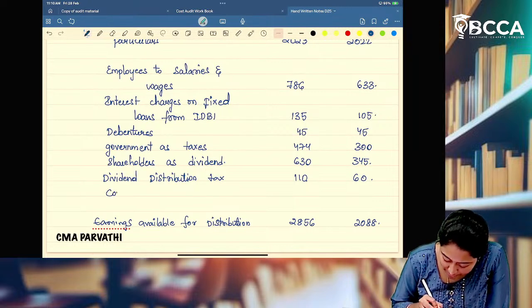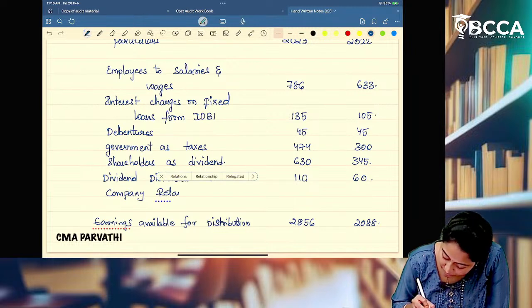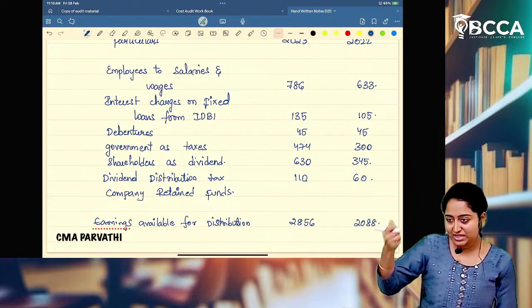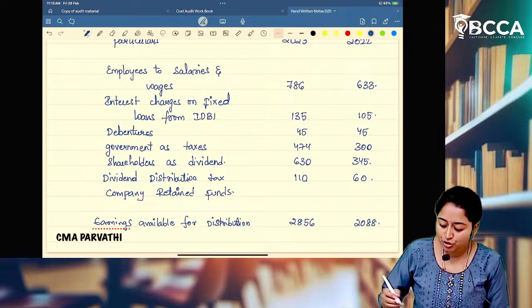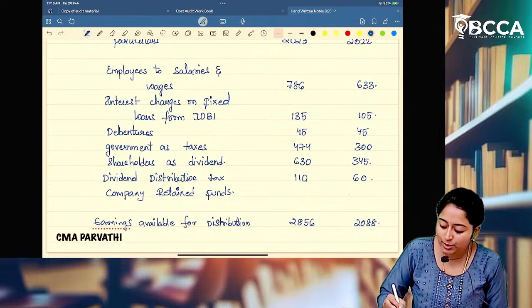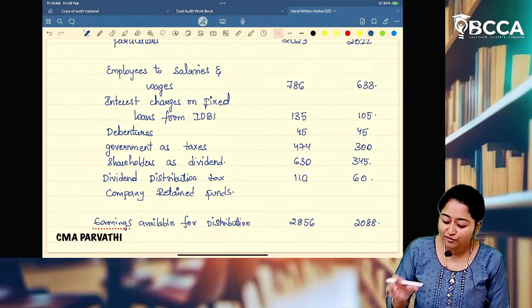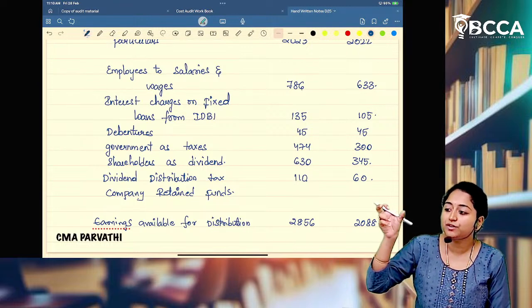Here, there will be some amount as company retained funds. Company will take something as retained funds. So the balancing figure which will be there, that will be this amount. But you should not write there as balancing figure. For company retained funds, you have to do the working notes.